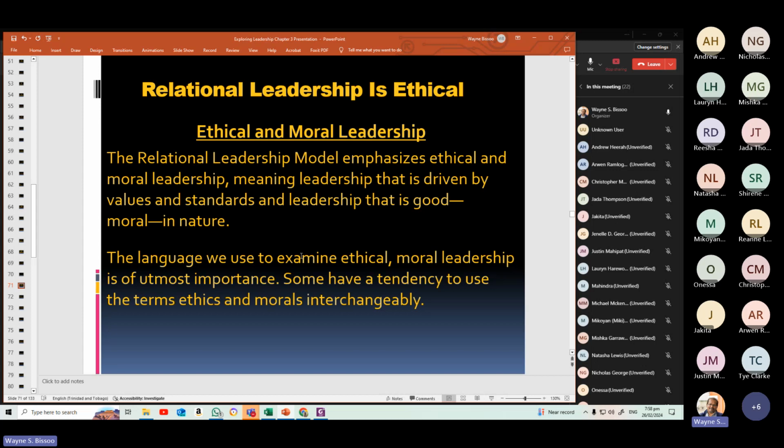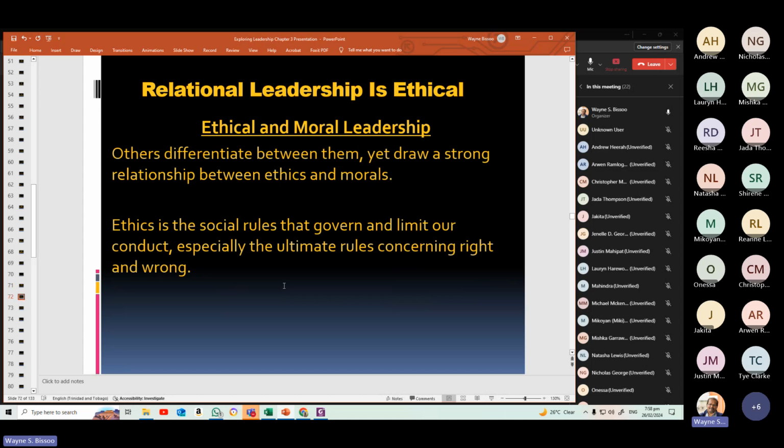The language you use to examine ethical moral leadership is of the utmost importance. Some have a tendency to use terms like ethics and morals interchangeably. Others differentiate between them, yet draw a strong relationship between ethics and morals.